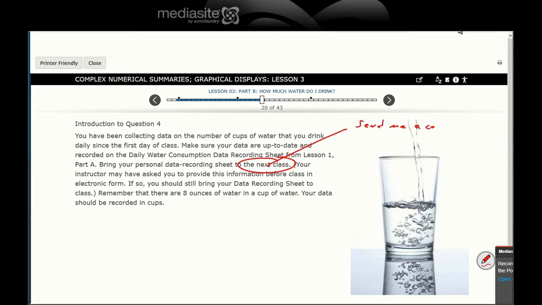Send me a copy of it, and I'll basically consolidate the numbers.